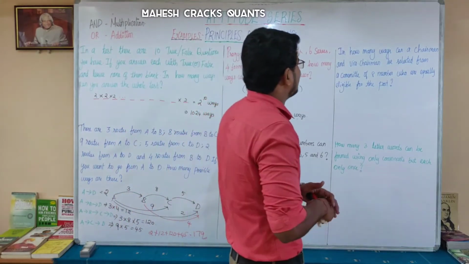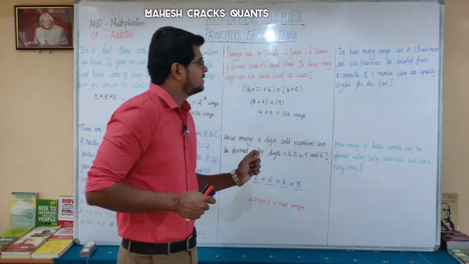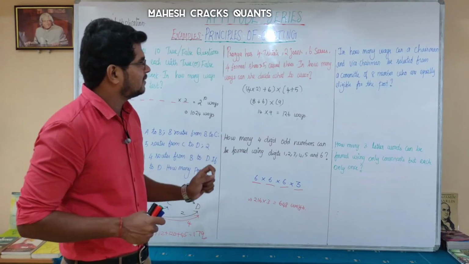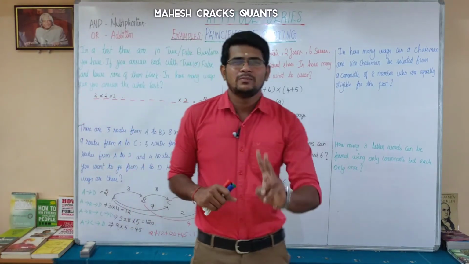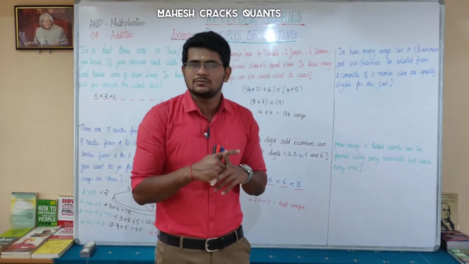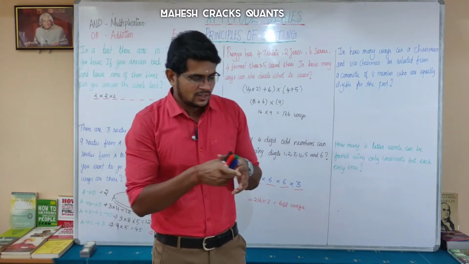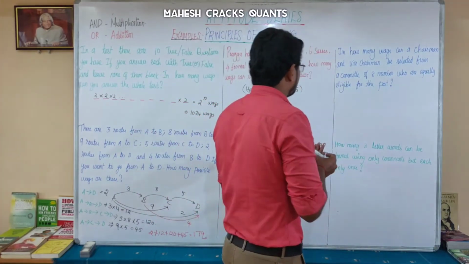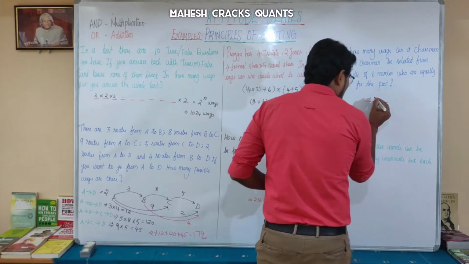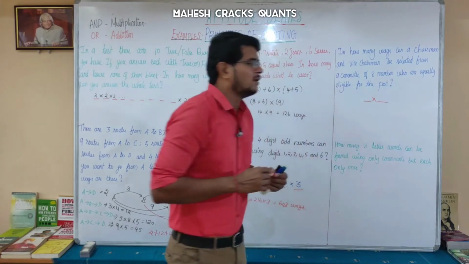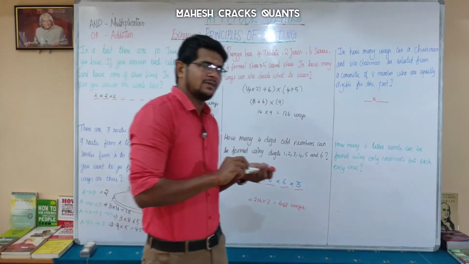In how many ways can a chairman and vice chairman be selected from a committee of 8 members who are equally eligible for the post? So 2 members should be selected. First one for chairman, second one for vice chairman. How many choices for selecting a chairman?